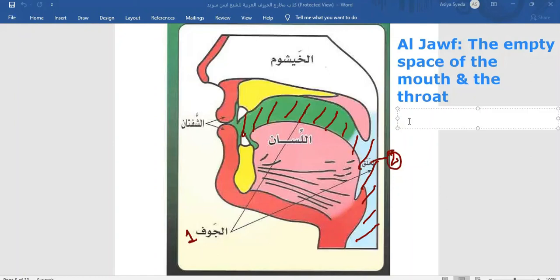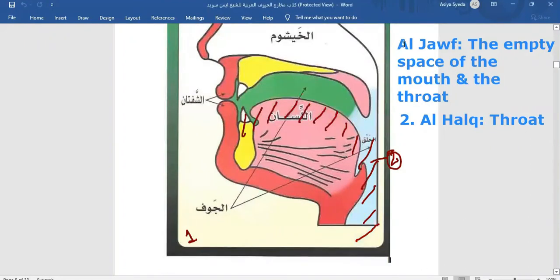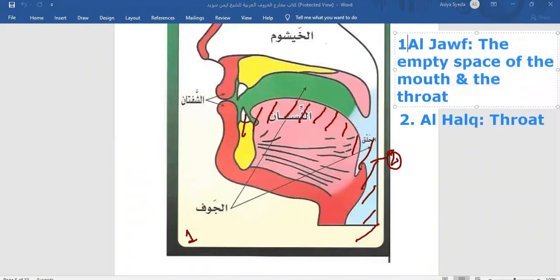Al-halq is the throat. So that would be the second one. First one is al-jawf. I'm just going to give you this one and we'll stop, inshallah, today's lesson. So this was the first one, and this is the second one.